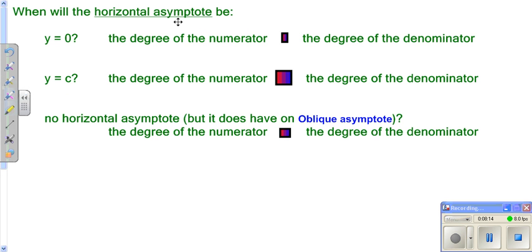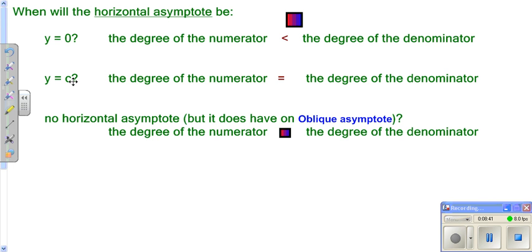So we need to go ahead and kind of generalize this. Whenever the degree of the numerator is less than the degree of the denominator, you get a horizontal asymptote of 0. Whenever the degree of the numerator is equal to the degree of the denominator, the variables drop and you're just left with numbers.